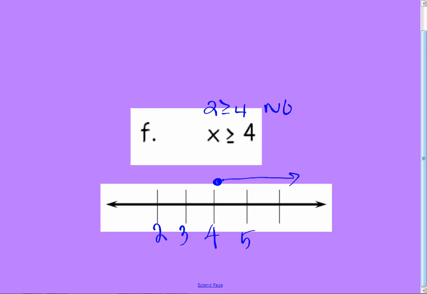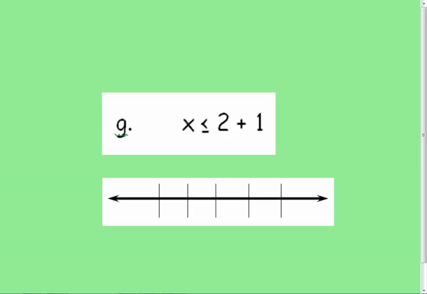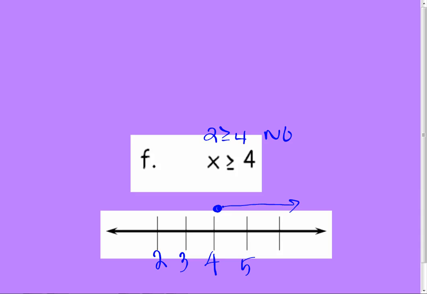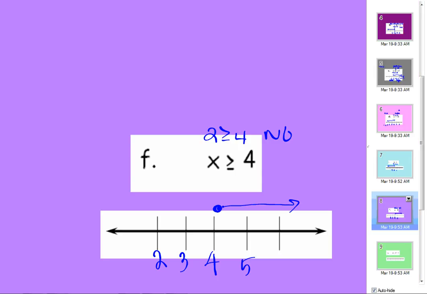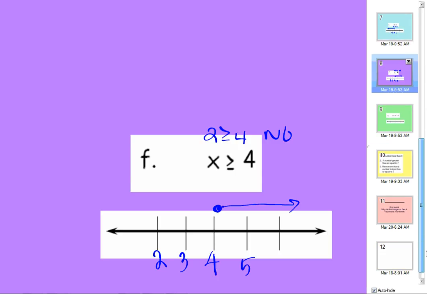Elias, you're supposed to be writing these down. Let's see how many more we got. That is probably a true statement on that.